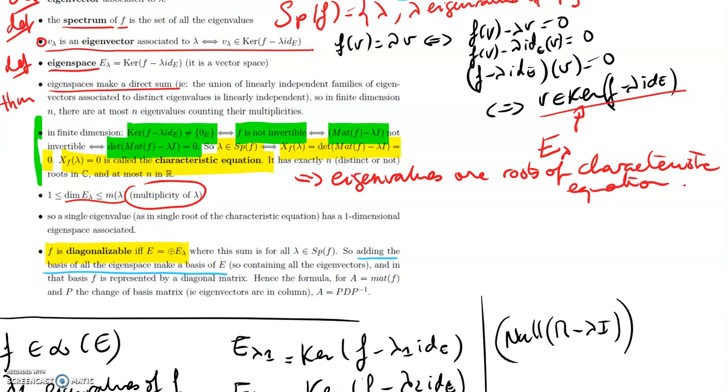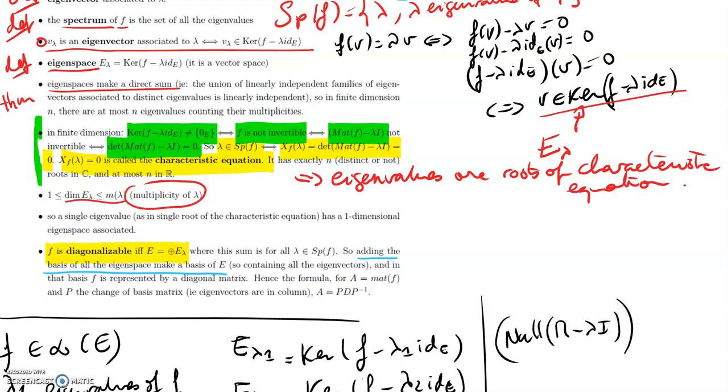So you need enough independent eigenvectors. It means that if you have n real roots that are distinct, no problem. You're going to get n independent eigenvectors, because we already showed that eigenspaces make a direct sum.